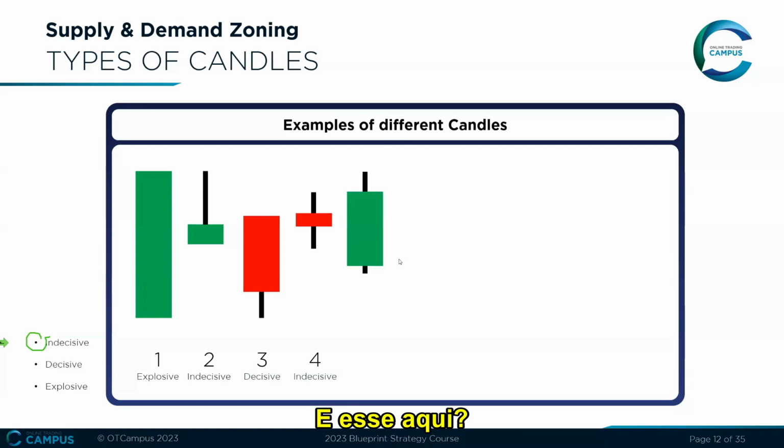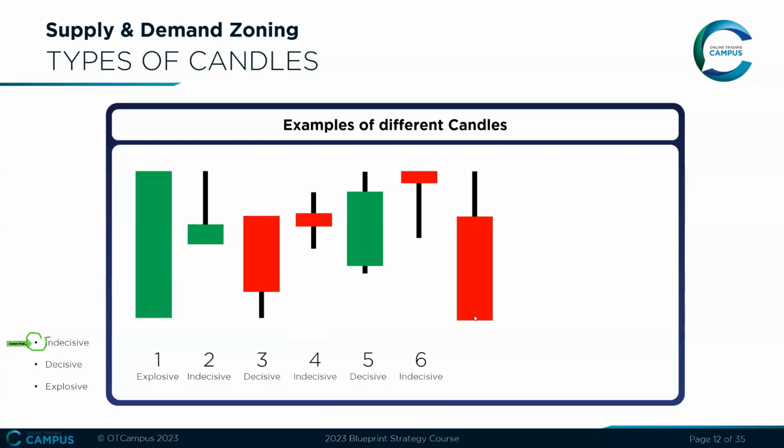What about this one? Dennis, decisive. Yes. Continue. Just a couple more. What about this one? Indecisive again. Yes. What about this one? For sure not indecisive. Could be decisive. Could it be explosive? Decisive or explosive?